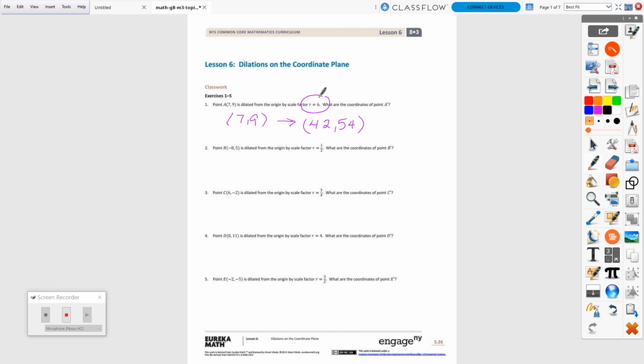Letter B, (-8, 5), and the scale factor r is 1/2. So what does that 1/2 mean? Well, we are multiplying each part of this by 1/2. So there's my first ordered pair, and then we have my second ordered pair. So right here we can cross cancel.